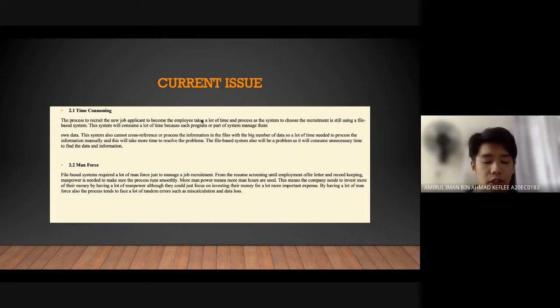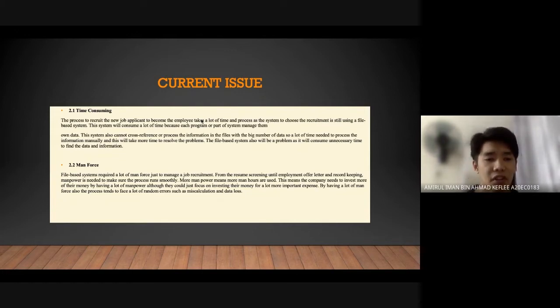For example, the skills, leadership and educational data cannot be cross-referenced, and it cannot process a big number of data because humans handle it. Because a big number of data cannot be processed at one time, it has to be done little by little, so it takes a lot of time.